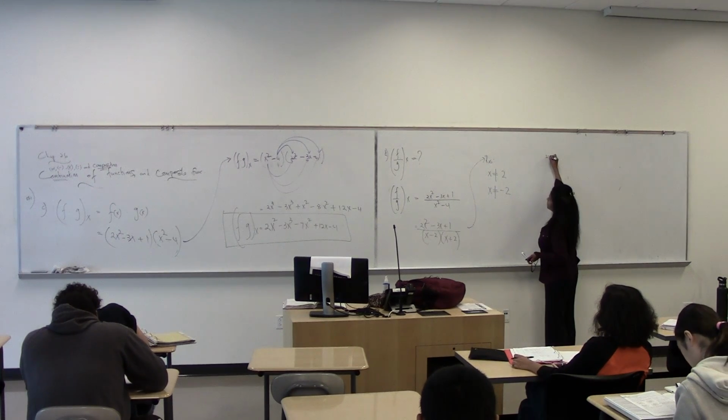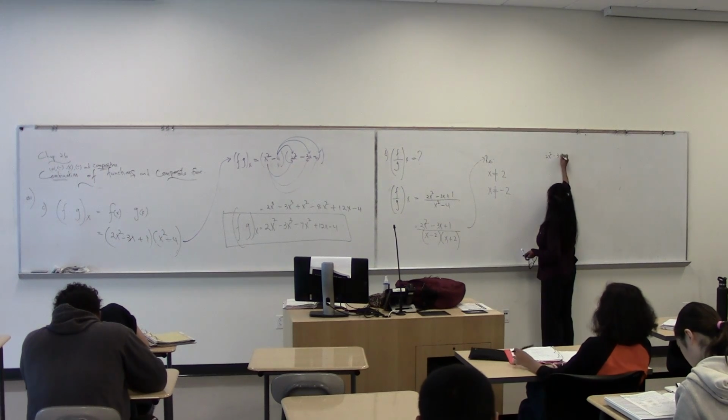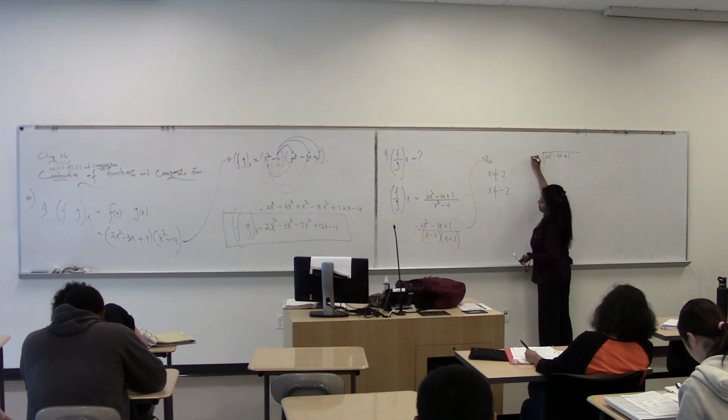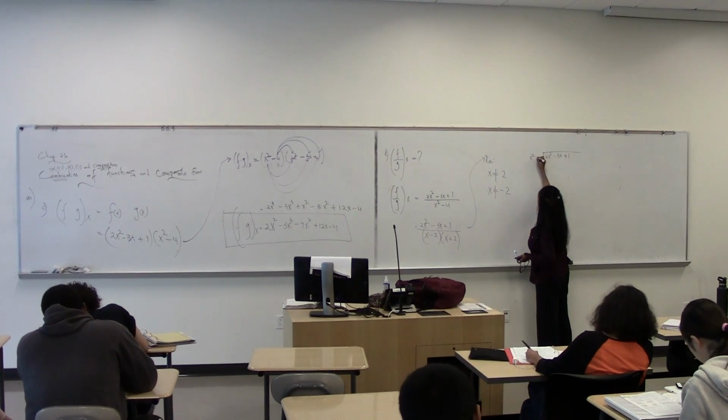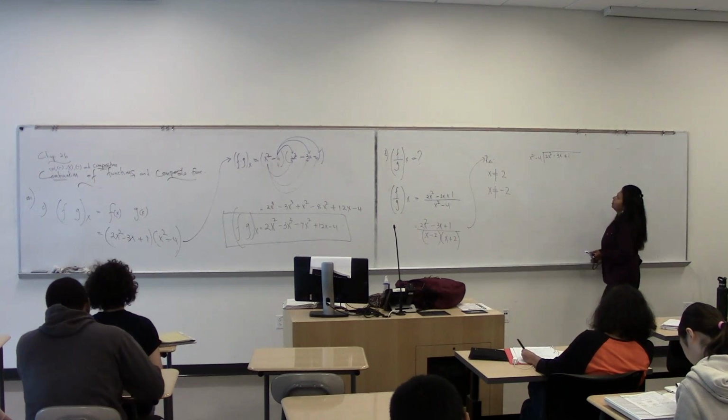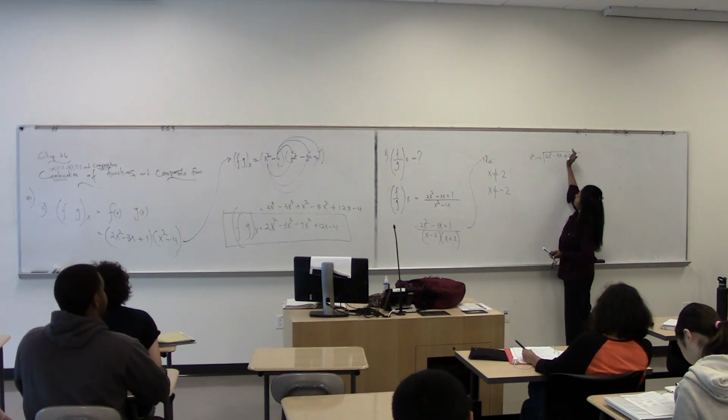So we get 2x squared minus 3x plus 1 divided by x squared minus 4. What can I write here?